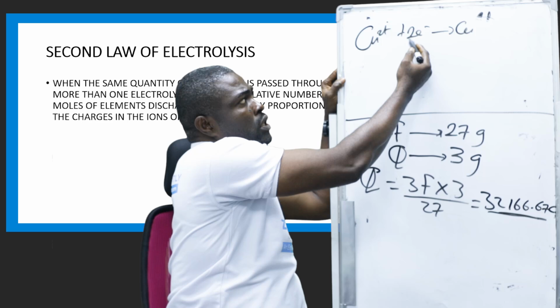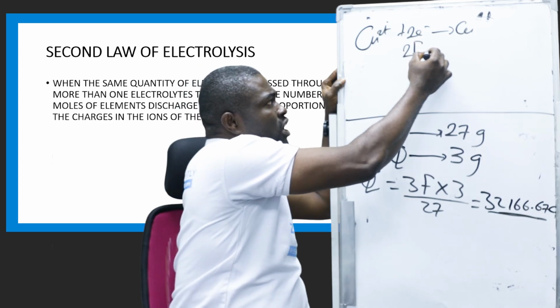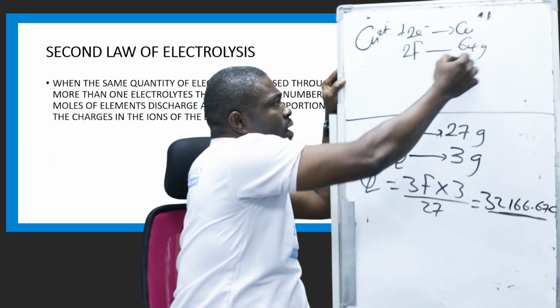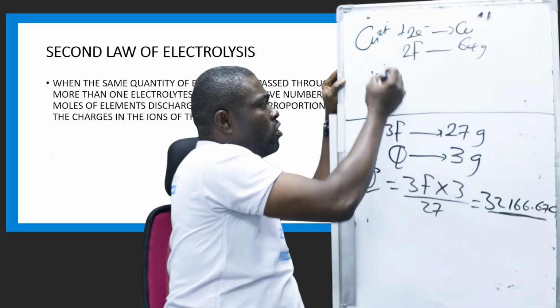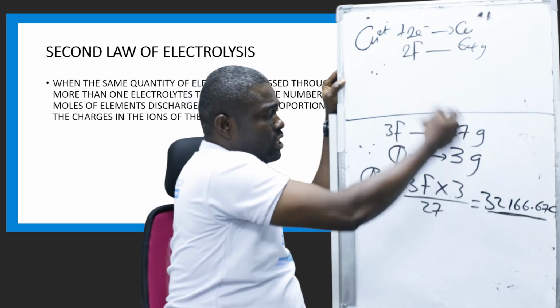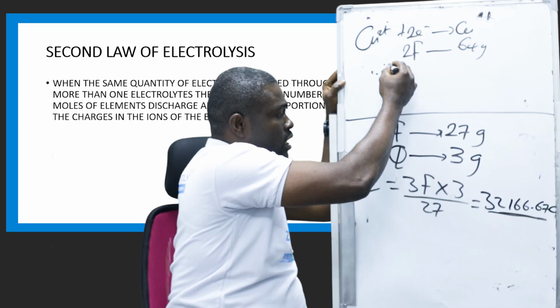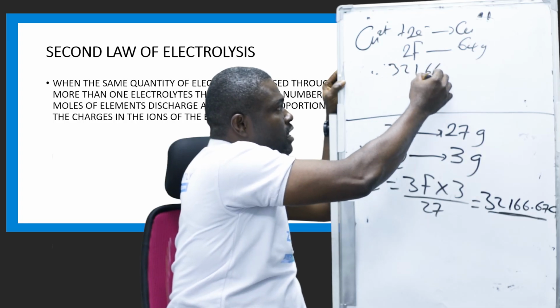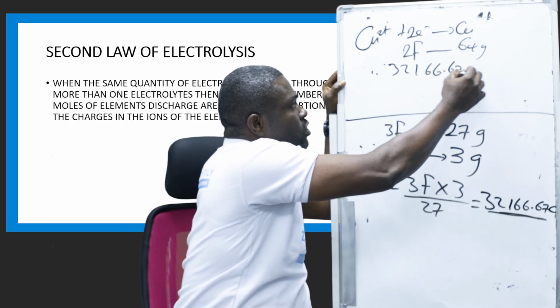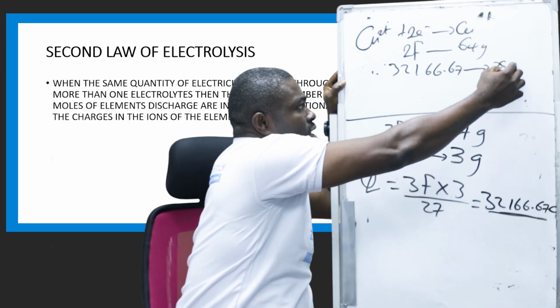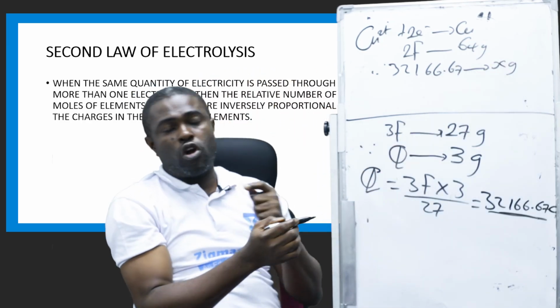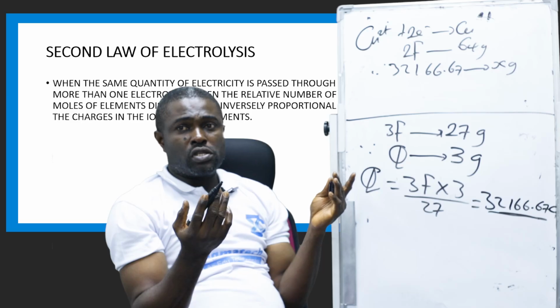What happens? This is 2 Faraday, giving me 64 grams of copper from 1 mole. Therefore, the quantity of electricity has been calculated, which is what? 32166.67 is to what now? X gram. We are looking for what? Mass of copper. And the question is solved.